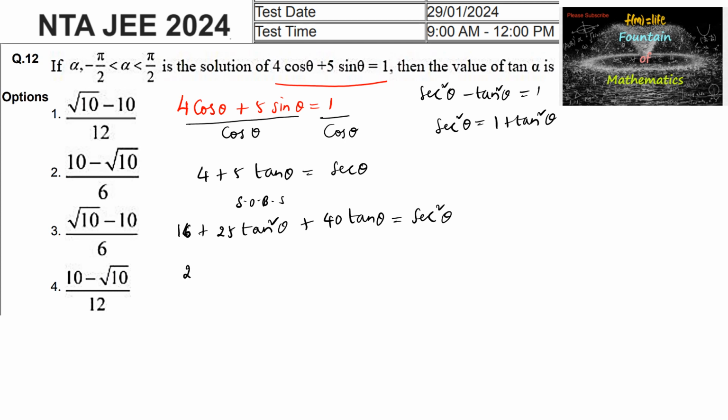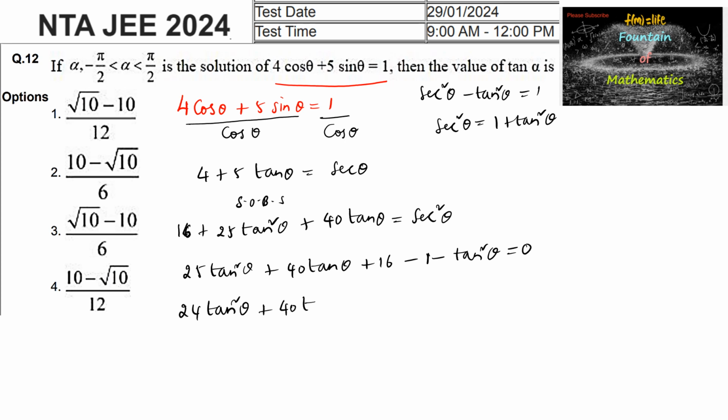So we may write 25 tan square theta plus 40 tan theta plus 16 minus secant square theta, which we can write as 1 plus tan square theta, equal to 0. So we can write 24 tan square theta plus 40 tan theta plus 15 is equal to 0.